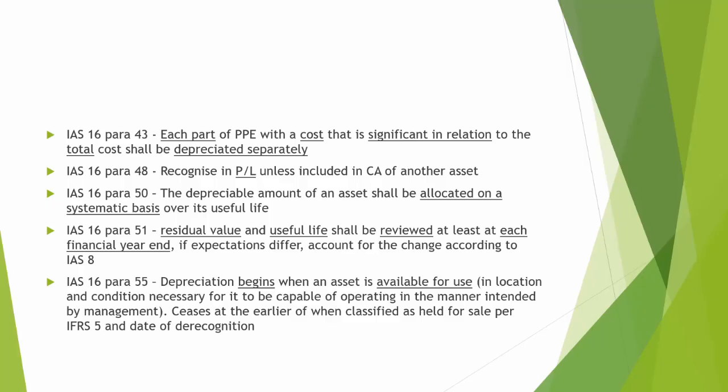However, sometimes we use an asset for production of something else. So if we're using it in production of another asset, then our depreciation becomes a cost of that asset. So for instance, if we have got a plant that is manufacturing inventory, that depreciation will go into the cost of the inventory item as part of an overhead.